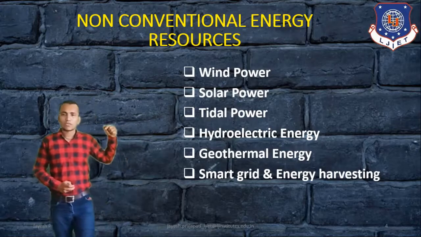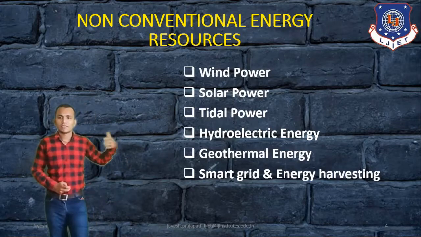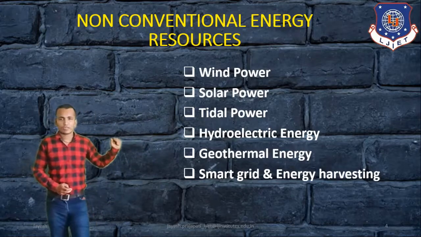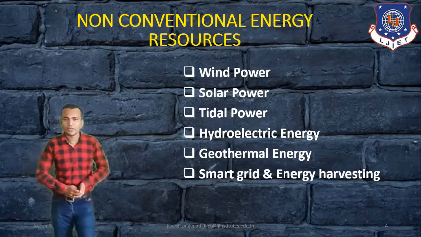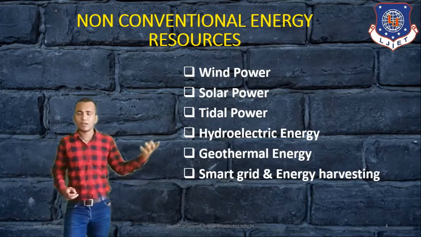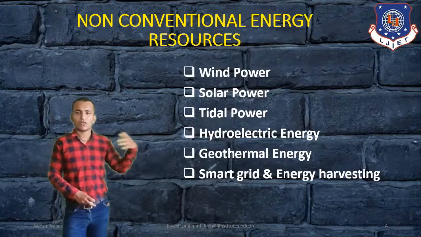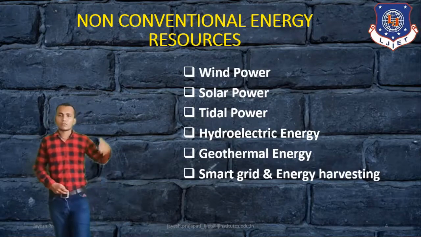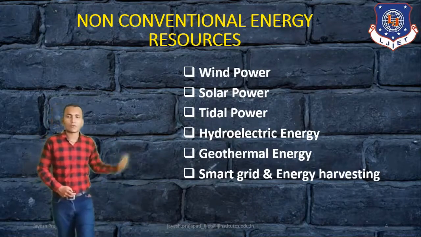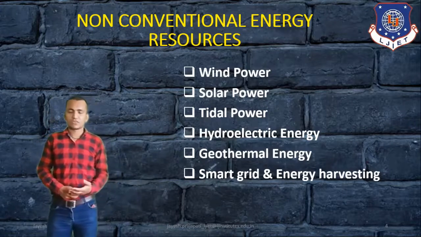Now we have to discuss the difference between conventional and non-conventional energy sources. Non-conventional sources are clearly available, free of cost, and by using them we can produce electrical energy.